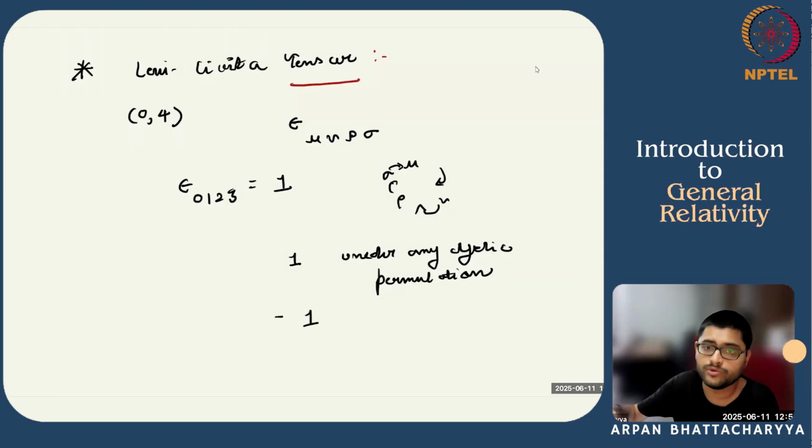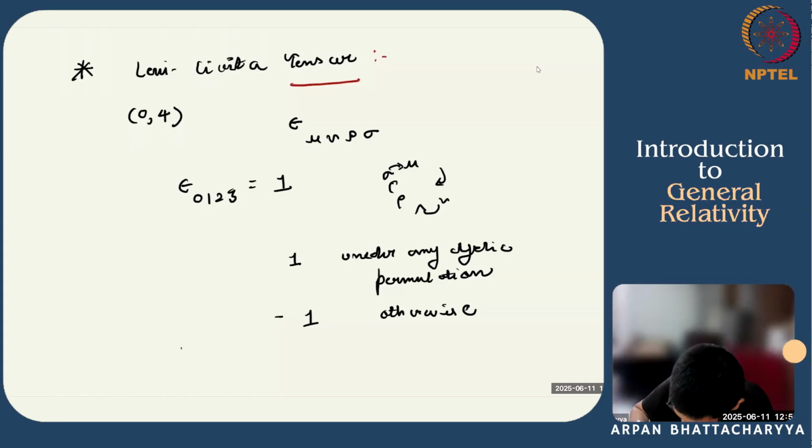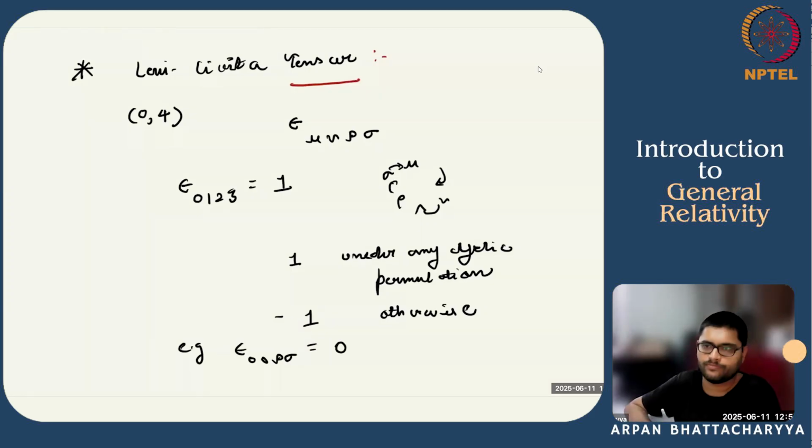So epsilon mu nu rho sigma is equal to minus epsilon mu rho nu sigma. And it's completely anti-symmetric. So if you set any two indices to the same value, it will be 0. For example, epsilon 0 0 rho sigma is 0. Multiple indices cannot take the same value. It's completely anti-symmetric.